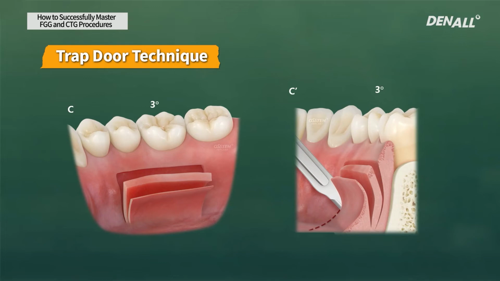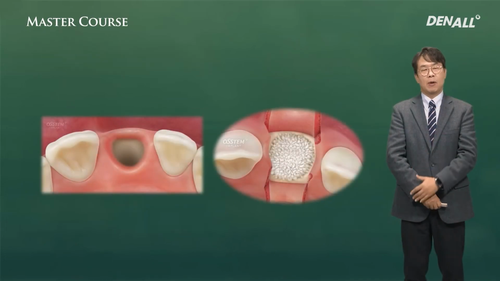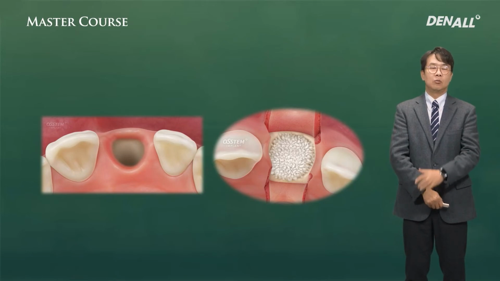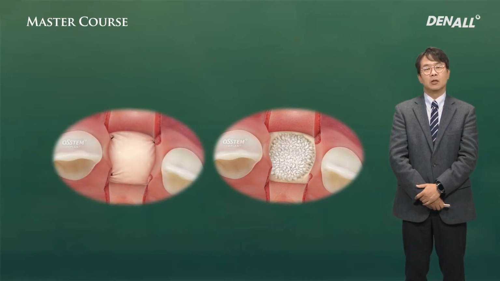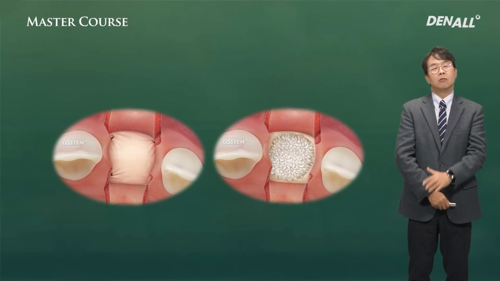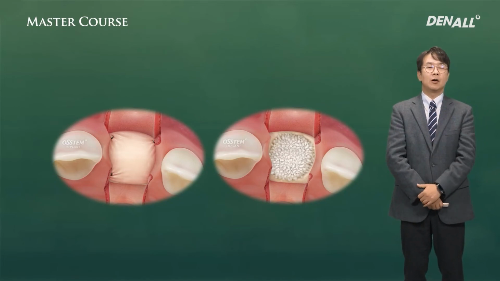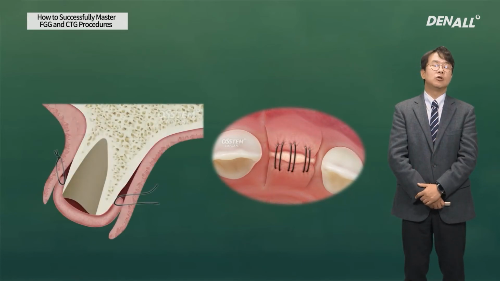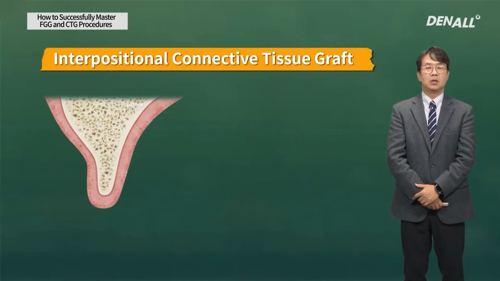The technique is used to take a graft from a donor site, as in free gingiva graft or epithelialized connective tissue graft procedures. After immediate implant placement or after socket preservation of extraction socket, to close it, resorbable or non-resorbable membrane can be used, or connective tissue can be used to close it.